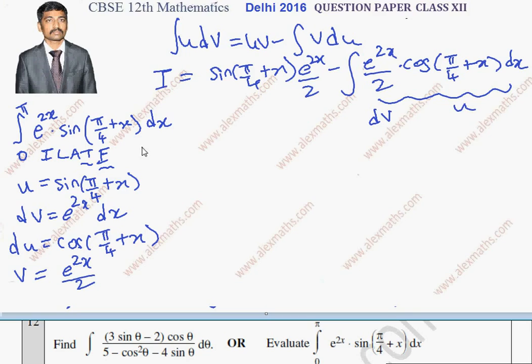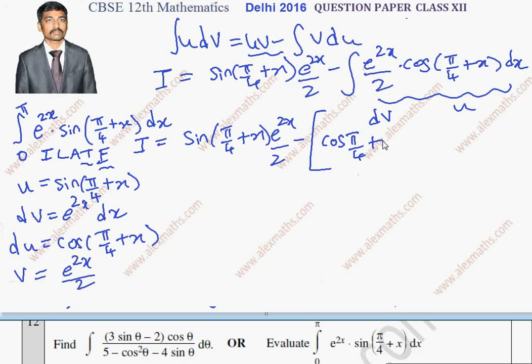So I will straight away apply. So I will name this as I equal to. So I equal to, the first term is as it is, sine of pi by 4 plus x into e power 2x by 2, minus open a bracket, uv is the formula. So u is what? Cos of pi by 4 plus x. U v. I have to find v from this.